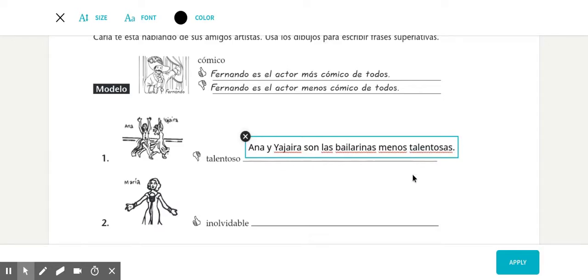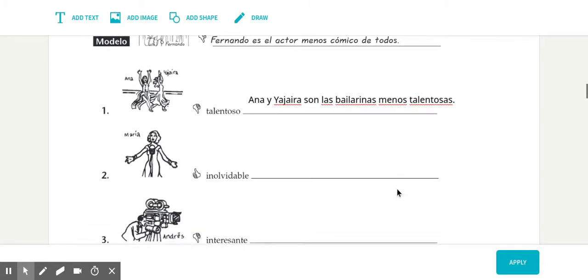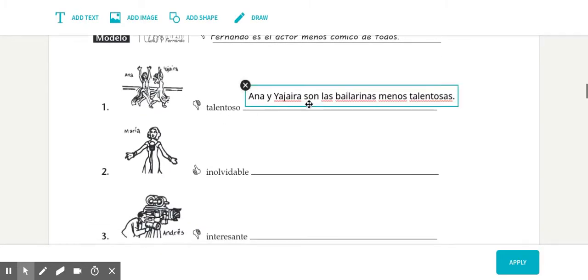They're the least talented dancers. And we're going to say menos because of the thumbs down. So here, the things to keep in mind is what form of ser are we going to use, and then the form of the adjective as well has to match in gender and number with the subject.